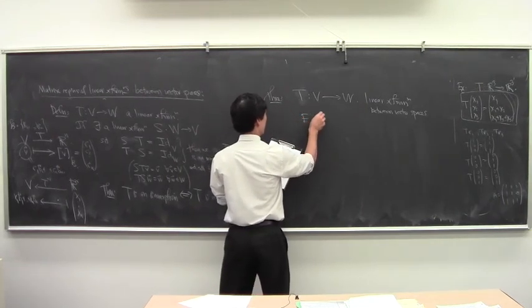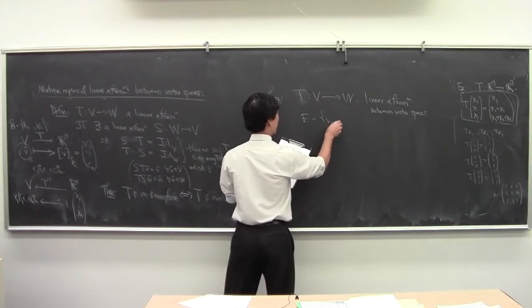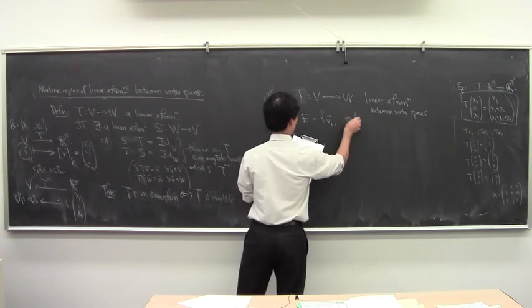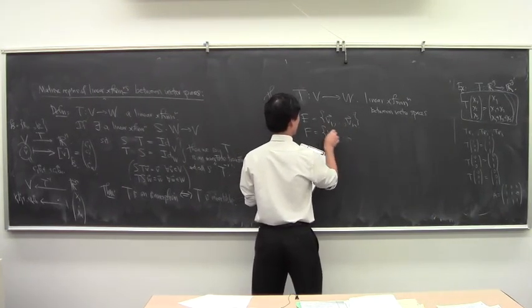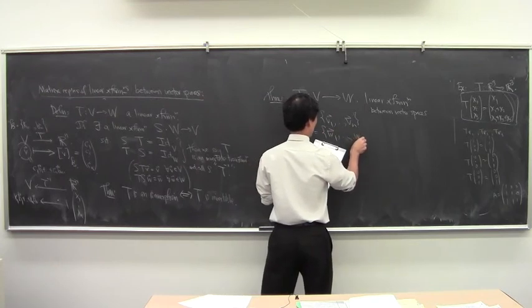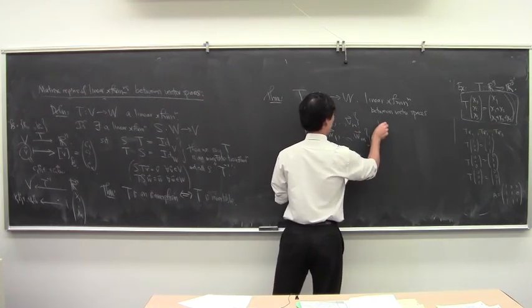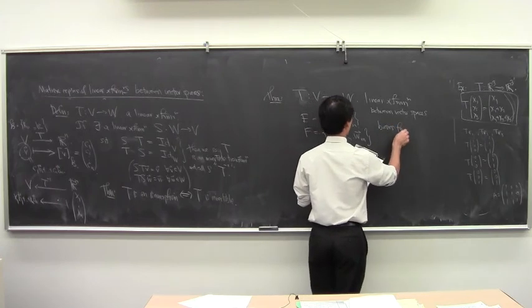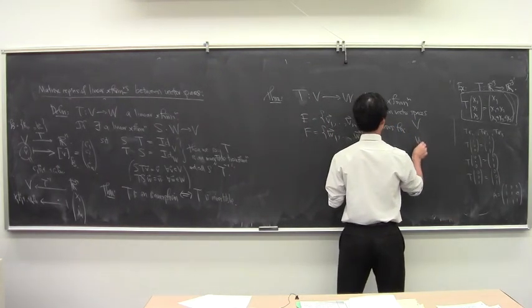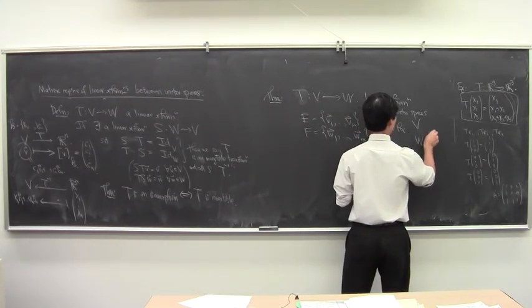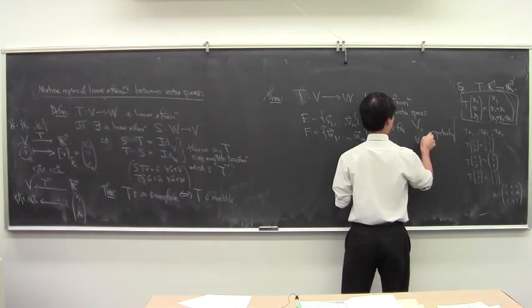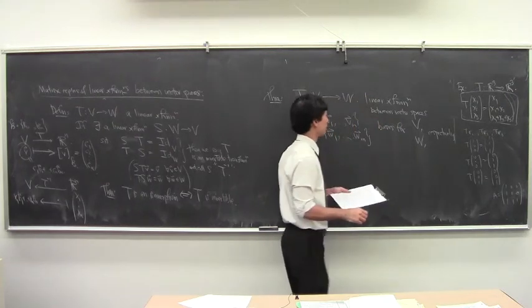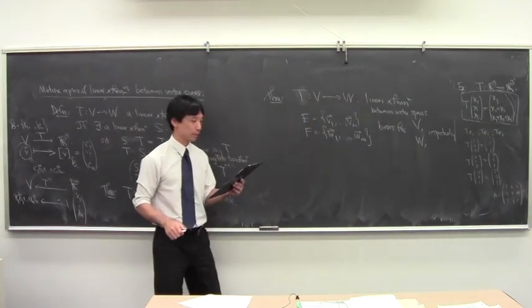Then you have two bases, V1 through Vn and W1 through Wm, bases for V and W respectively.